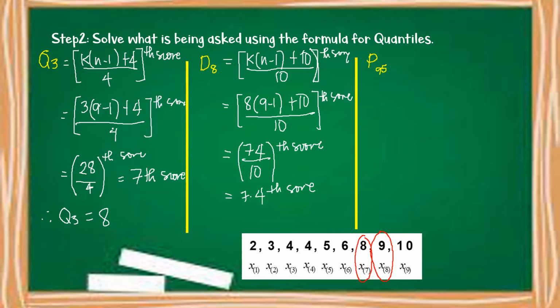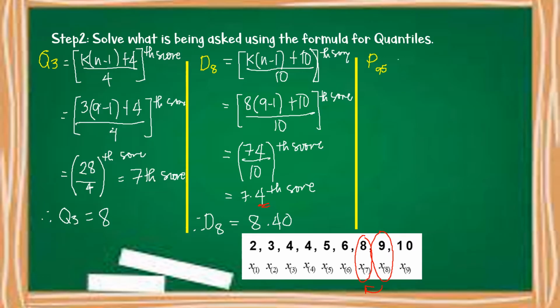You need to get the difference of the 8th position to the 7th position. So that is 1. Then you multiply the 0.4. So the answer is, the 8th decile is, so the 7th score here is 8, then add the 0.4. So we have 8.4 or 8.40. Okay, I hope you understand that part.